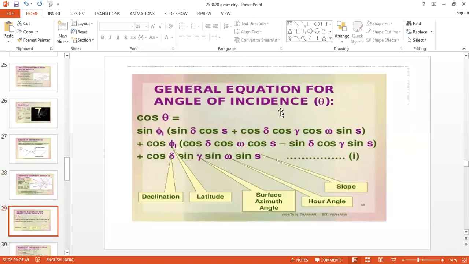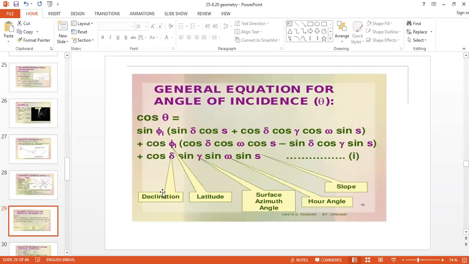And the general equation for the angle of incidence is cos theta equals sin phi sin delta cos s plus... sin phi into sin delta cos s plus cos delta cos gamma cos omega sin s plus cos phi cos delta cos omega cos s minus sin delta cos gamma sin s plus cos delta sin omega sin gamma sin s.